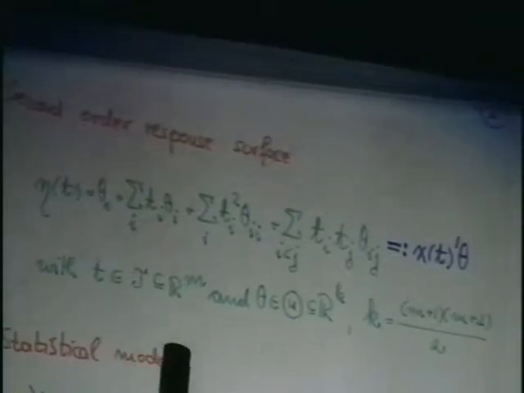So the background are linear models and used to model response surfaces. We have experimental conditions T, which come from a set script T where we can choose from in m-dimensional space, so that's an m-way problem.